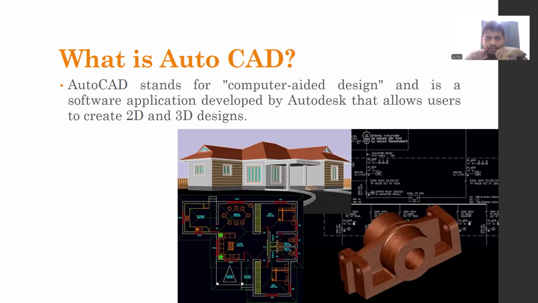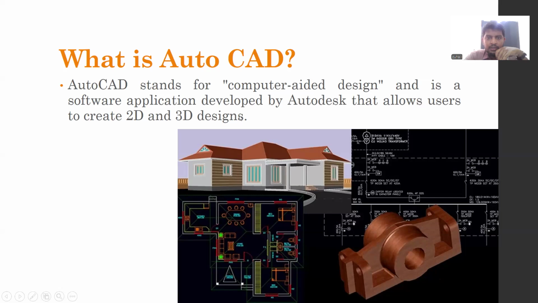You can see this figure. 2D and 3D views are there. This one is a 3D view. This is also a 3D view image. These two are considered 2D images. So there are three dimension and two dimension views. This is drawn by using AutoCAD.